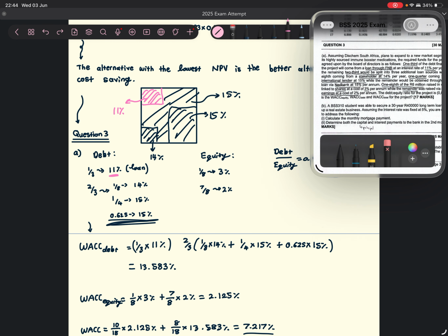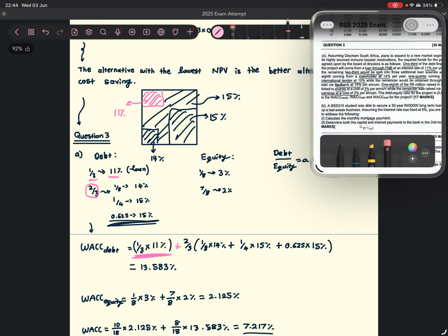So what we're going to do is multiply the weighting of this cost over here to the cost, right there. Then we're going to add to that this weighting over here. So the remaining 2/3 of the debt is distributed.